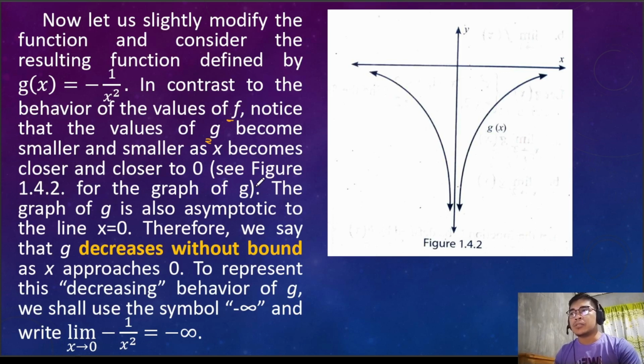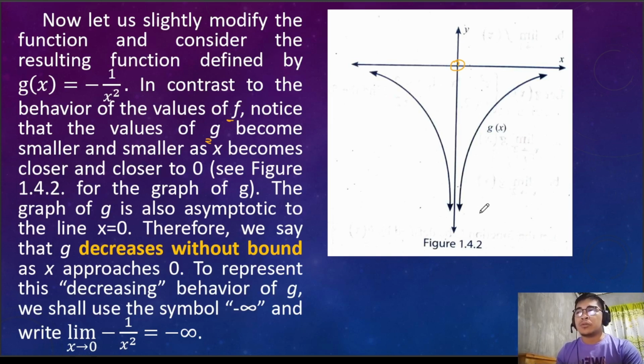So ang values ni g becomes smaller and smaller as x becomes closer and closer to 0. So, sadang magkaduol ta sa x equals 0, ang iya pong value nagkagamay. Since this is the negative side, so the greater the value of the negative, the smaller the value. So, in this side, nagkagamay, dito po sa pikas, nagkagamay.